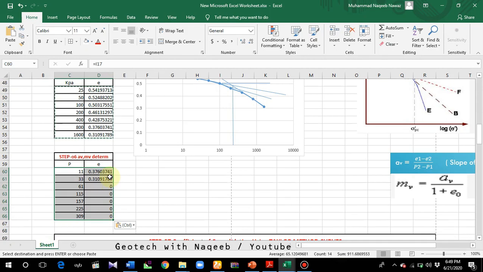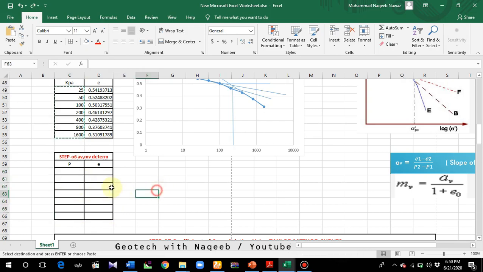I have to select these values. These are not done correctly, so what I will do is select these values. Control C, Control V. Why is it not working?